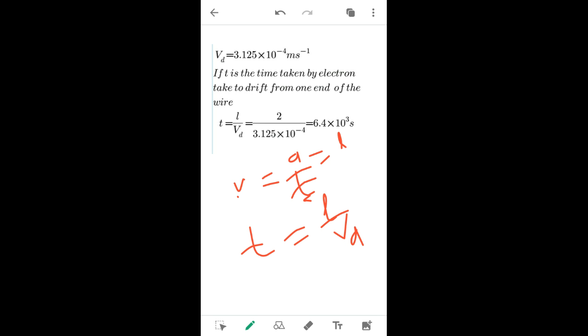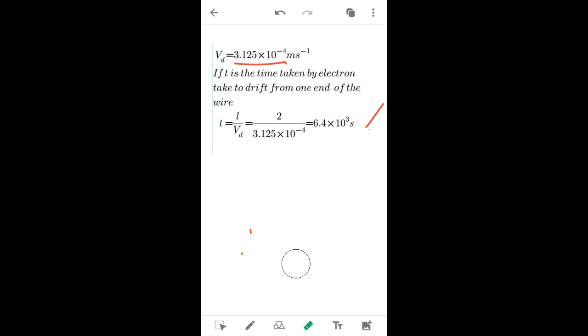So L equal to 2 and VD we have calculated as 3.125, and we substitute here. 2 divided by 3.125 will be 6.4 into 10 raised to 3 seconds. This is the answer you get. Okay, so we'll go to the next one.